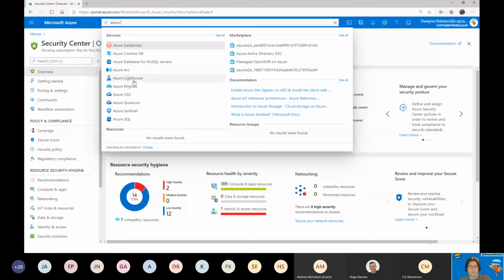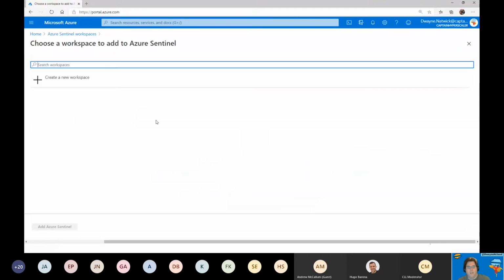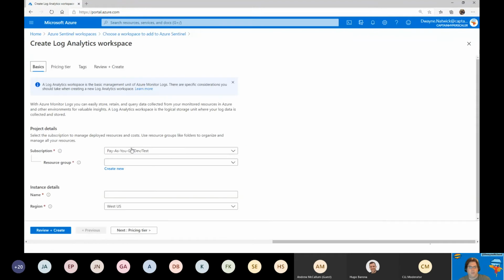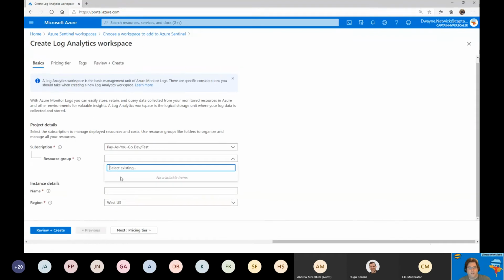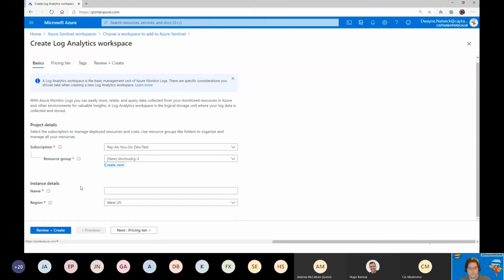Now let me go to Azure Sentinel. I don't really have anything enabled within Azure Sentinel, but let me quickly create a workspace. So just take a second.